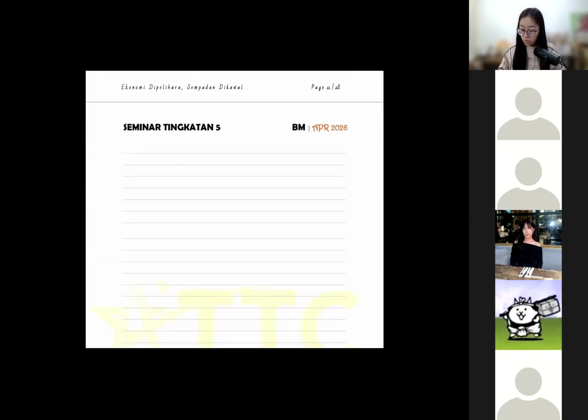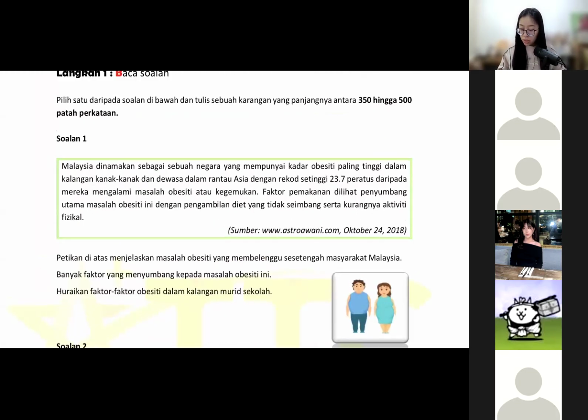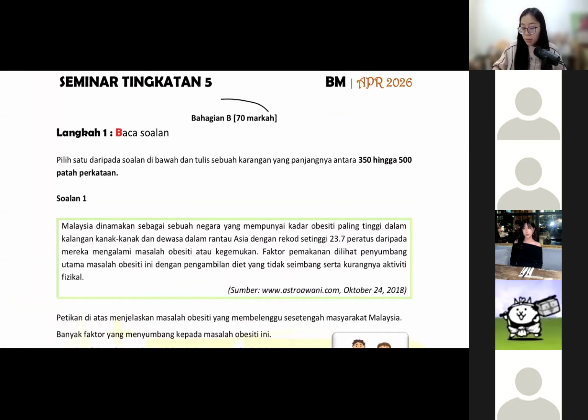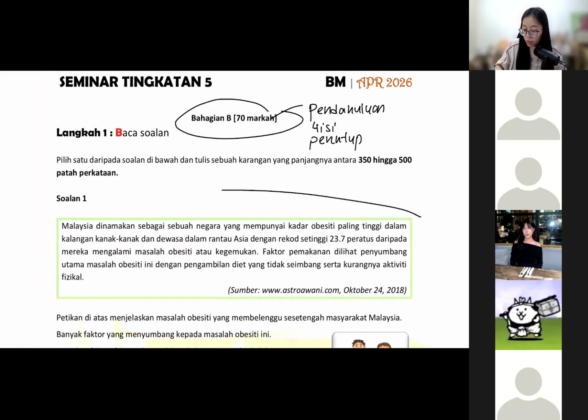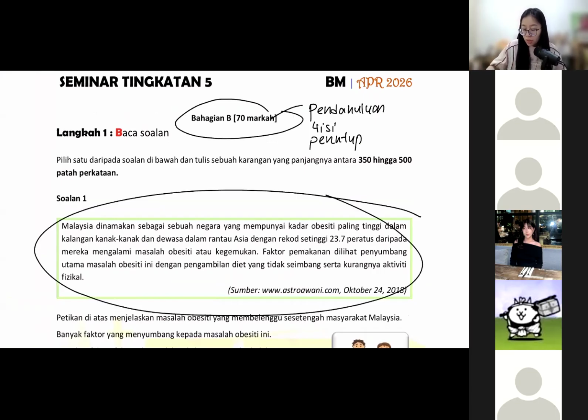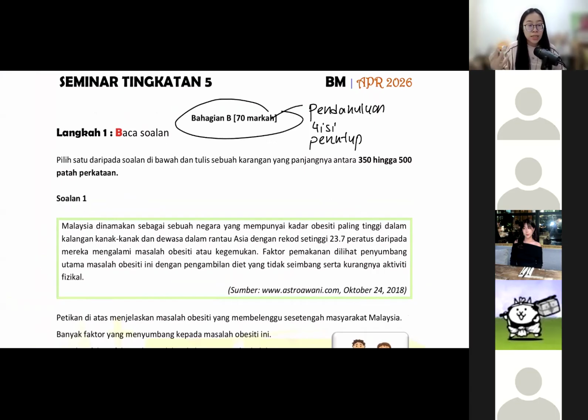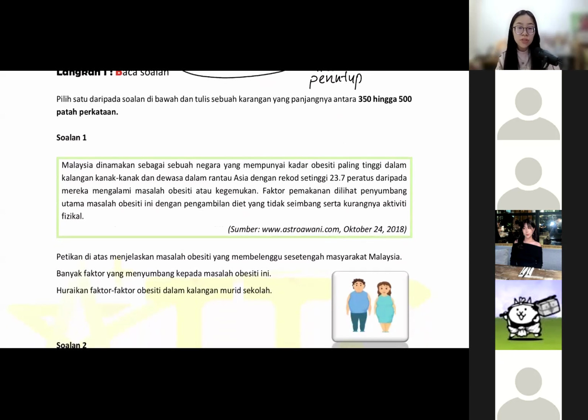Okay, let's go. We go for bahagian B. Bahagian B, 70 marks. Pendahuluan. I won't write karangan already. Not enough time. I will just introduce how you find the EC, for EC and also penutup. Okay, for example, if the question here, there's an answer, then there will be your first EC and or second EC. Then you cannot put your own answer for the first two EC. For example, this one.